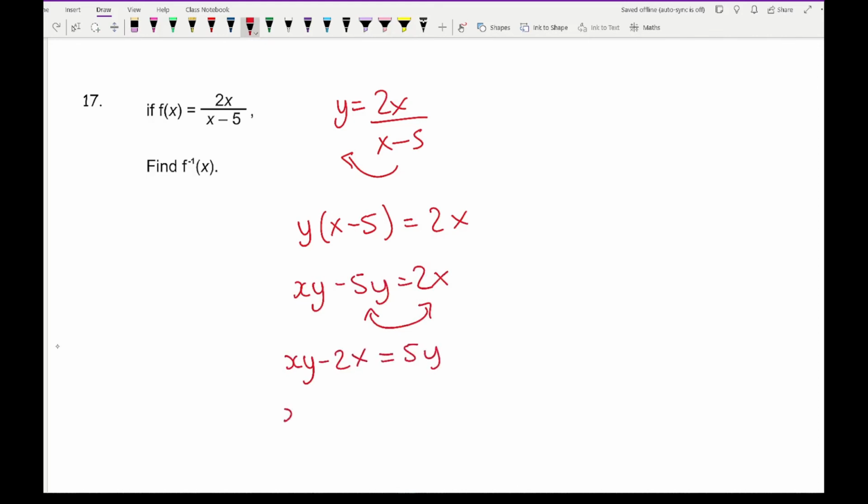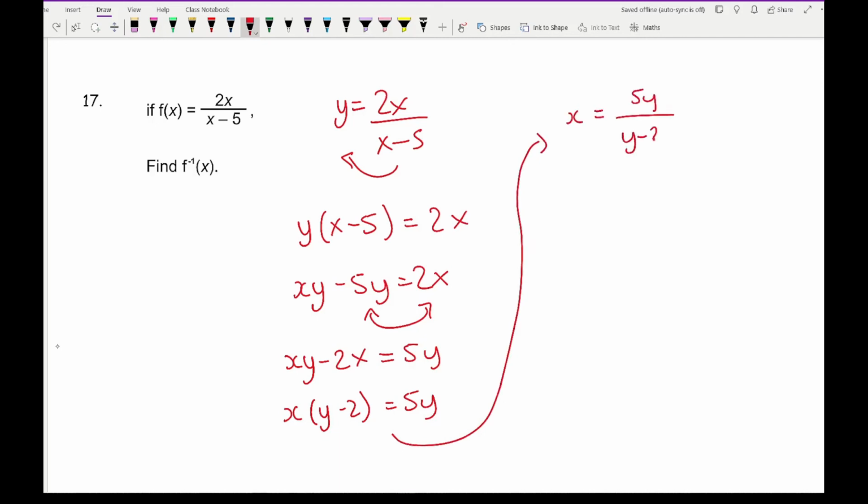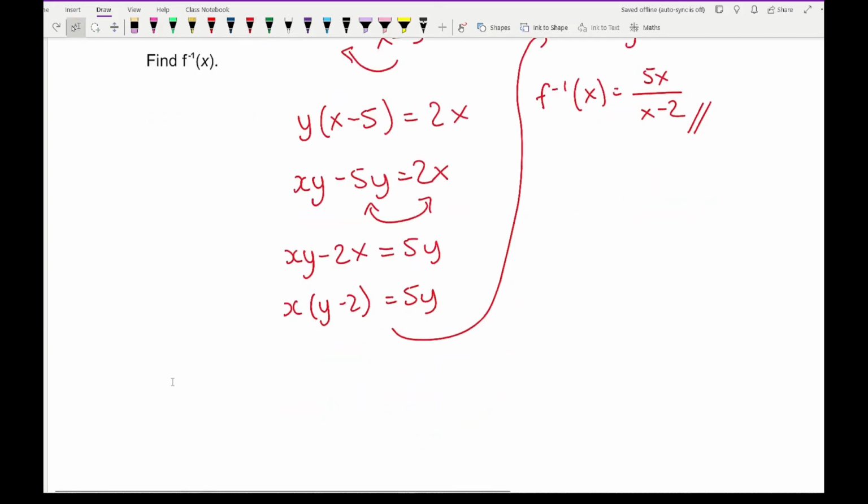Then factorize. And then take the bracket over. And then do the replacement. And there is my final answer for that one.